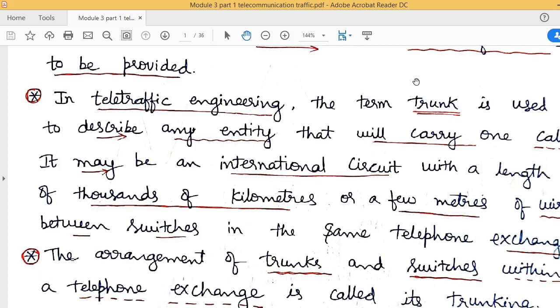Please note that whatever I said with respect to a trunk, the exchange may be between one place and another place. Not only that, it can be a circuit between international exchanges also. Some exist thousands of kilometers from one exchange to another place, and some exist where a very few meters of wire is required with respect to a trunk.